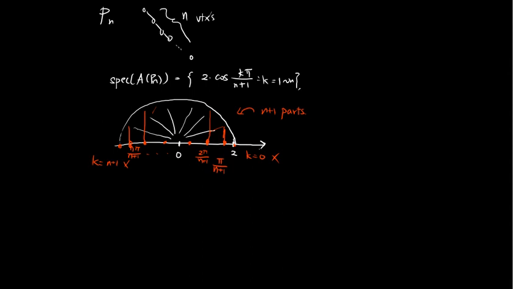They are the cosine values for some angles, and it is symmetric along the 0. Okay, if you got the left hand side, you got the right hand side.